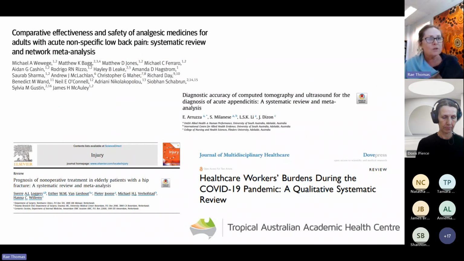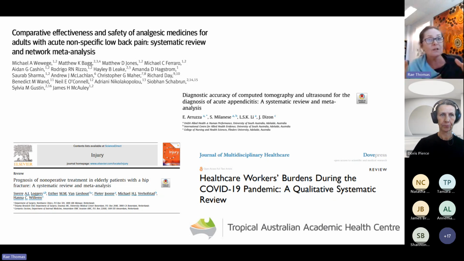So just to let you know, when we're talking about systematic reviews being the highest level of evidence in health research, there are broad questions in health research. There are several different types of questions. And, of course, a systematic review of the highest level of primary evidence is in fact the highest level of evidence. So you've got different systematic reviews for different health research questions. For example, up the top left, we've got an intervention systematic review.